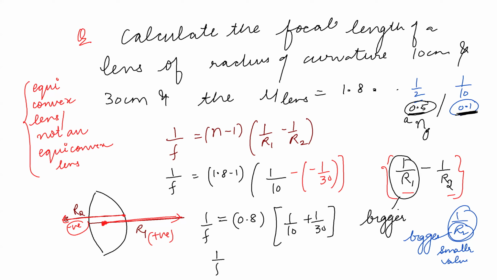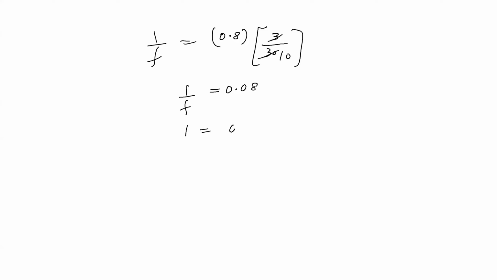So 1 by focal length is going to be 0.8 into 3 by 30 plus 1 by 30.